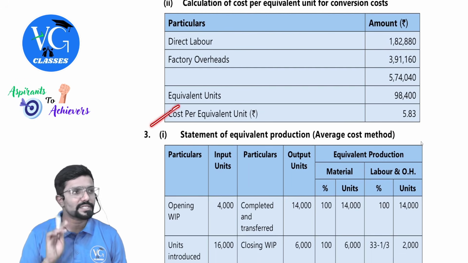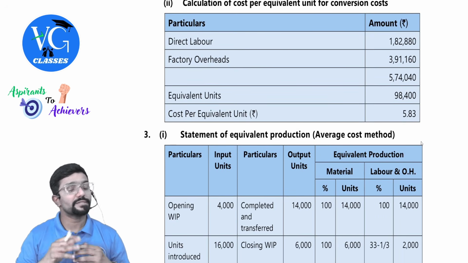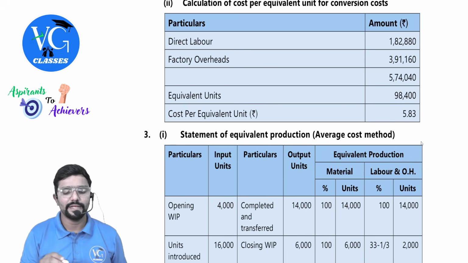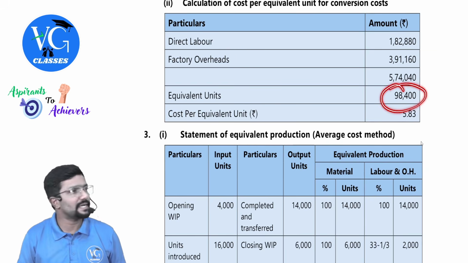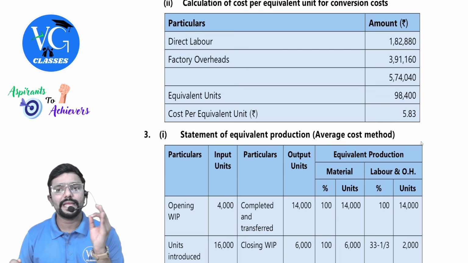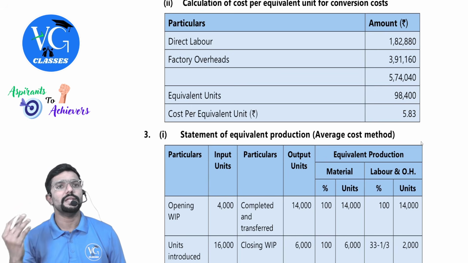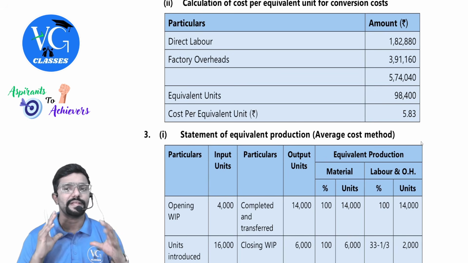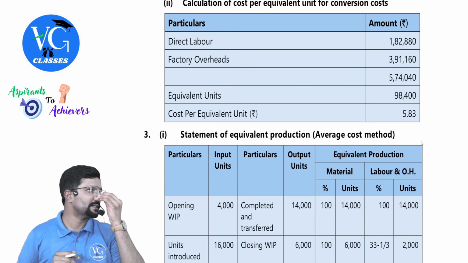Guys, see here they have asked cost per equivalent unit for conversion cost. Sir, what if they had asked for labor separately and overhead separately? Then divide the individual cost by the respective equivalent units. For example, 1,82,880 divided by 98,400 for labor, and for overhead, 3,91,160 by 98,400.